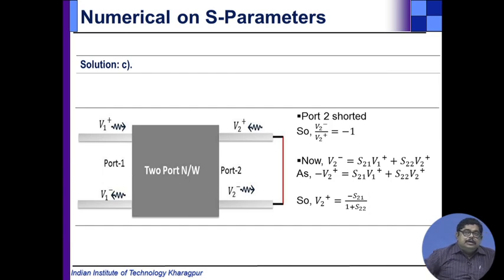Now, solution C, it says that port 2 is shorted. What is the return loss at port 1? So, port 2 is shorted. Shorted means V2 minus by V2 plus, the reflection coefficient, is minus 1.